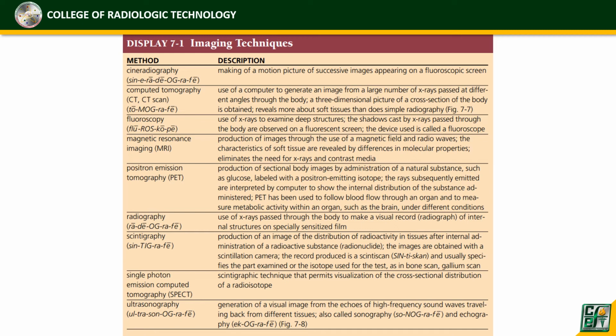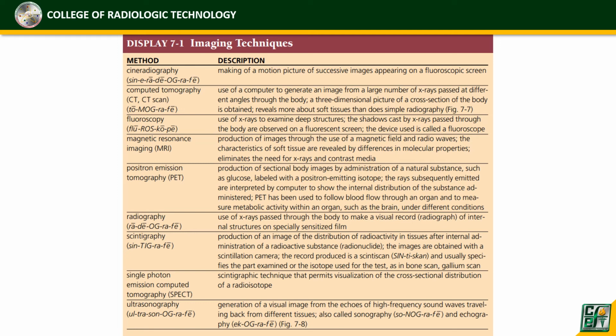Then we have the computed tomography, CT or CT scan. Use of computer-generated images for a large number of X-rays passed at different angles through the body, which produces a three-dimensional picture of a cross-sectional body.